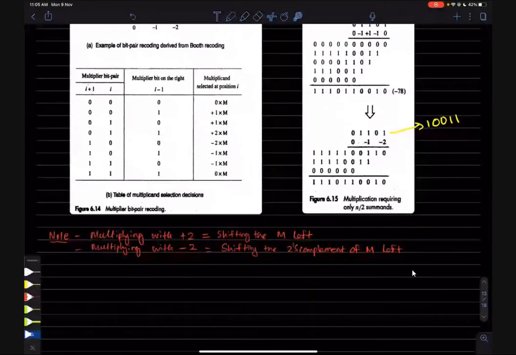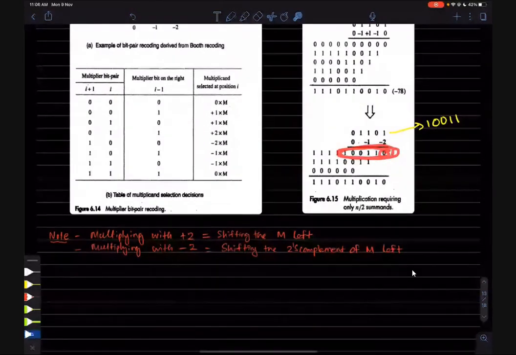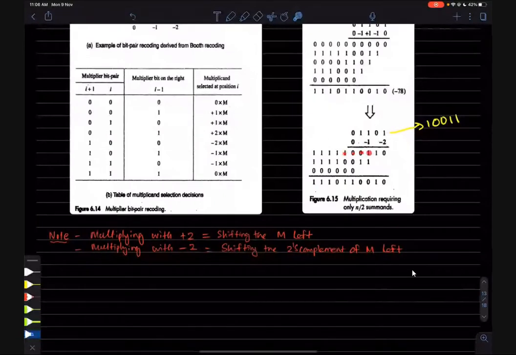Now we shift it left, so at the end there will be a 0. This is the simple multiplication with minus 2, and we have to extend the sign.